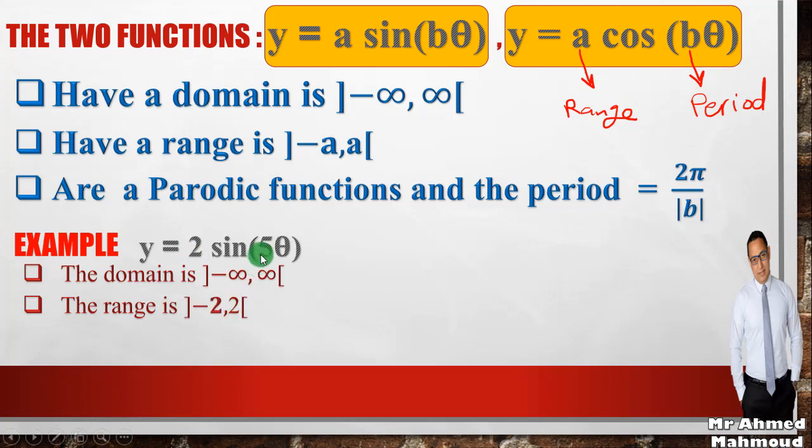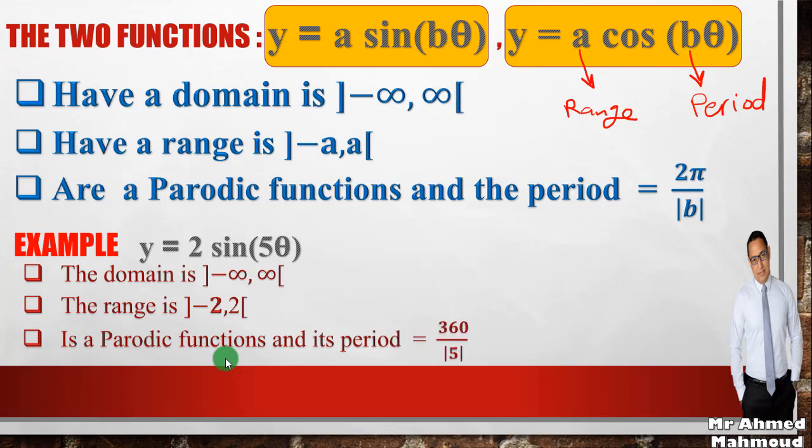The period equals 2 pi over 5. 2 pi in degrees equals 360, 360 over absolute 5 equals 72. Now these are the rules of the sine and cosine functions.